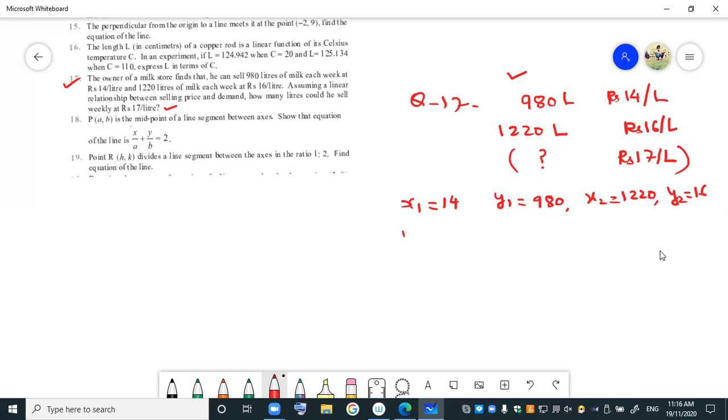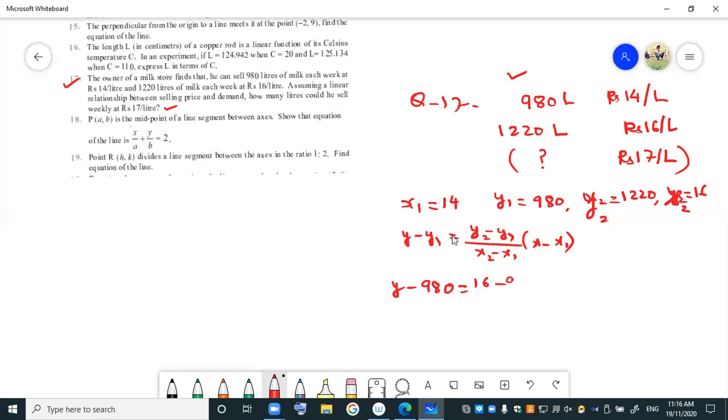Then substitute in the formula y minus y1 equals (y2 minus y1) upon (x2 minus x1) into (x minus x1). Oh, sorry, this is y2 and this is x2.